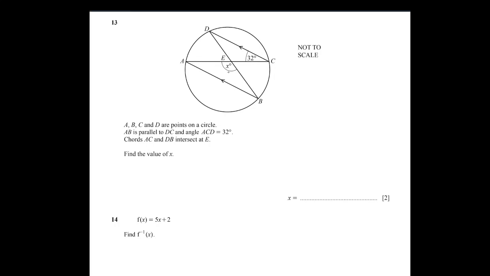Okay, so now for finding this value, you can take the triangle EDC and find the other angle here. No, we'll take the triangle ABE and we'll say that these two angles are equal, alternate interior angles. So this angle is 32.